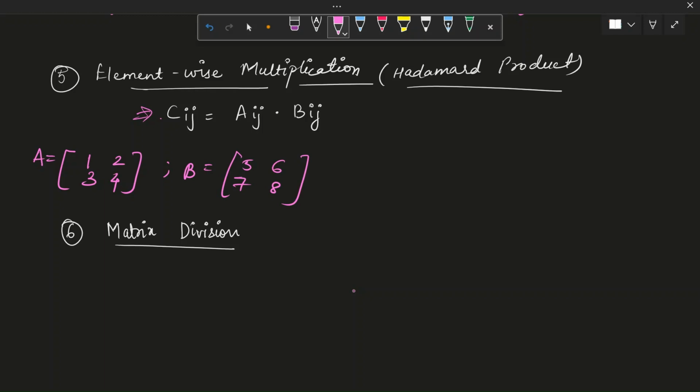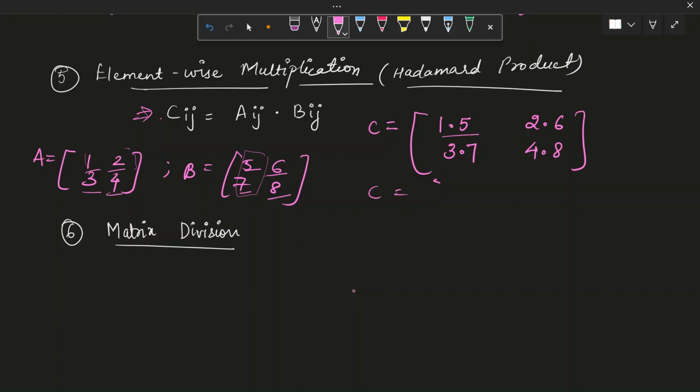So C equals 1, 5, 2, 6, 3, 7, 4, 8. Instead of multiplying the entire row with the entire column, we are just multiplying 1 to 5 and 2 to 6, 3 to 7 and 4 to 8. So the output of this would be 5, 12, 21 and 32.